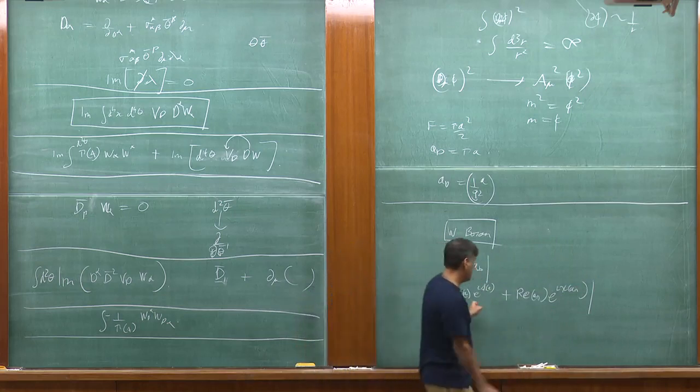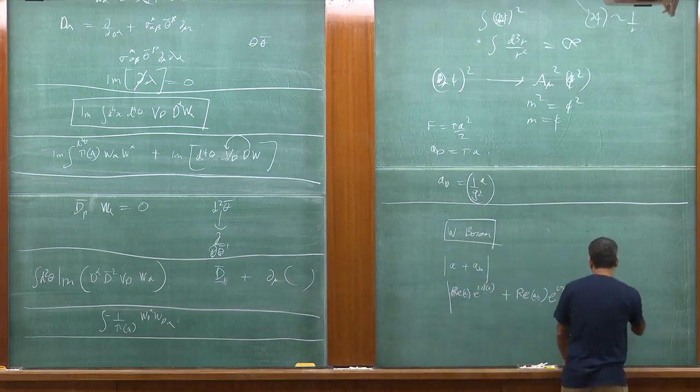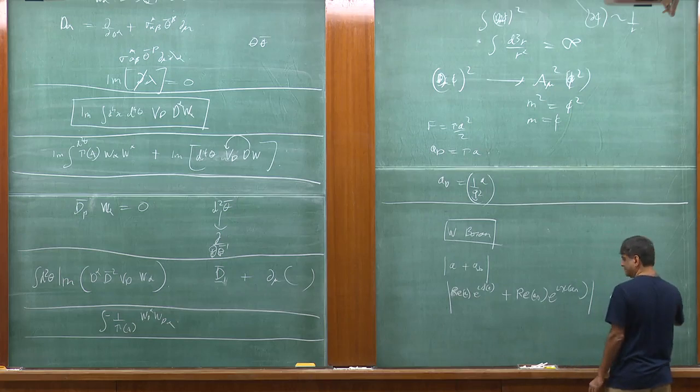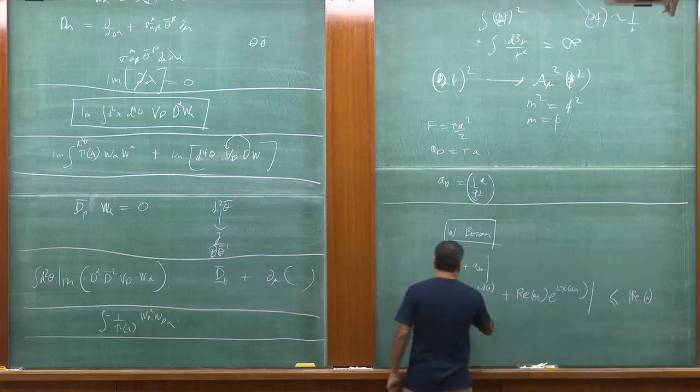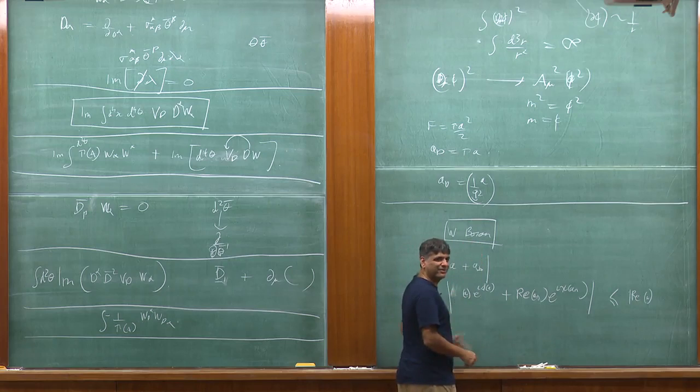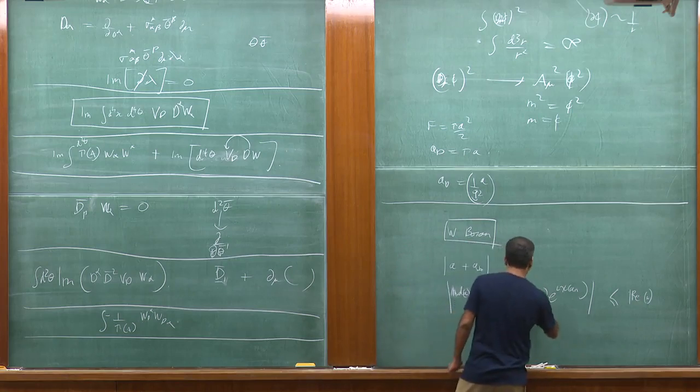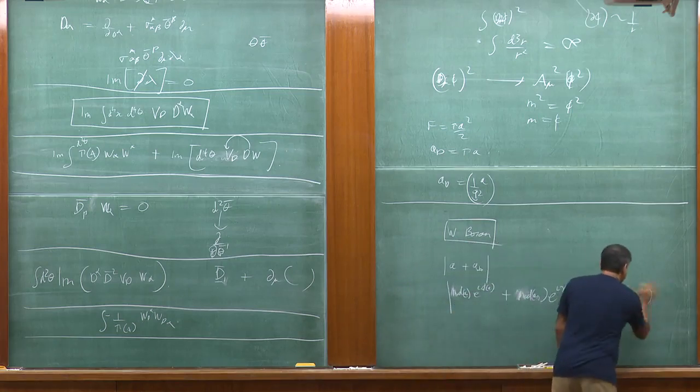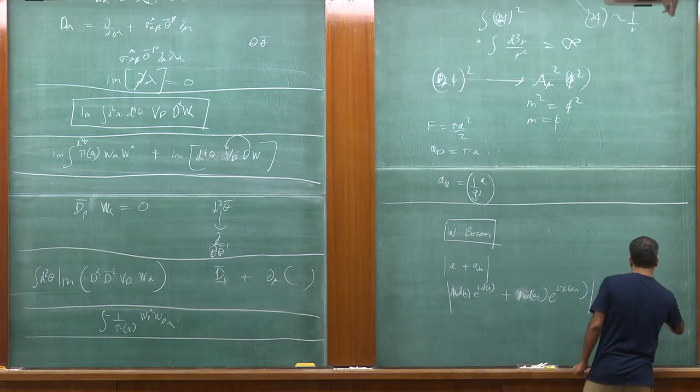Now, this is of course less than or equal to, not real, but magnitude, what is it called? Length. Value. Mod. Okay, this is less than or equal to mod A plus mod AD.